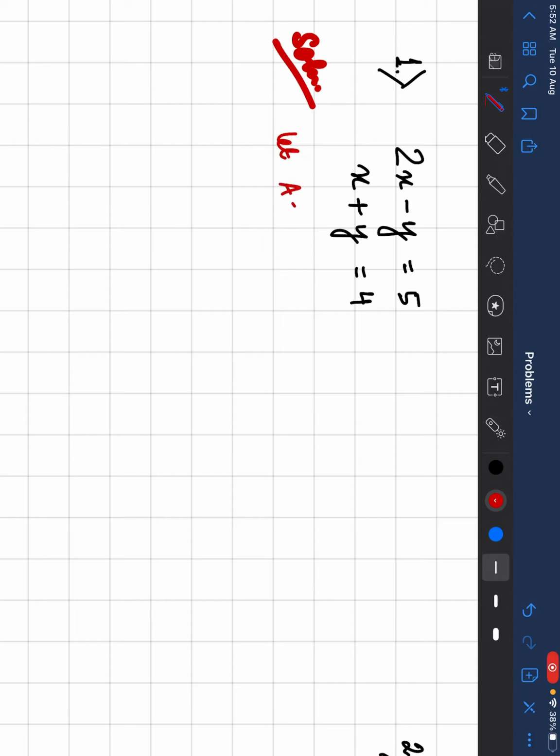A is equal to, A will be what? The coefficients. Here the coefficient of x is 2. Coefficient basically means what number is multiplied with the variable. So what is the number multiplied with y? It doesn't show, but since it's minus y, minus 1 is multiplied with y.